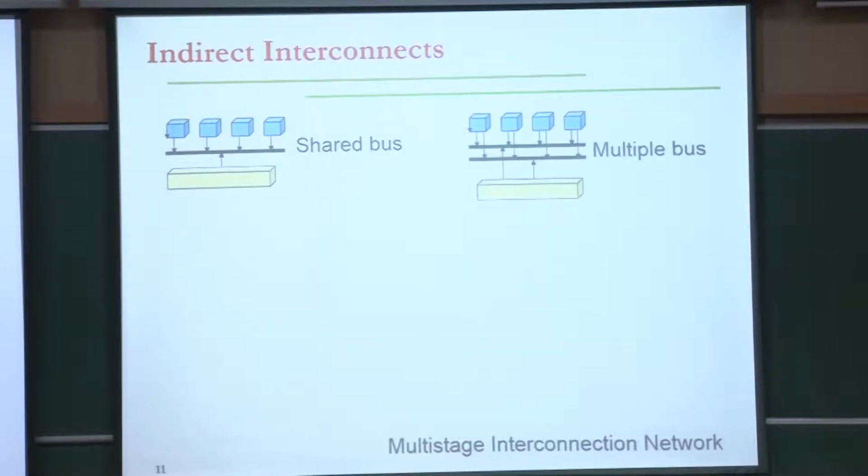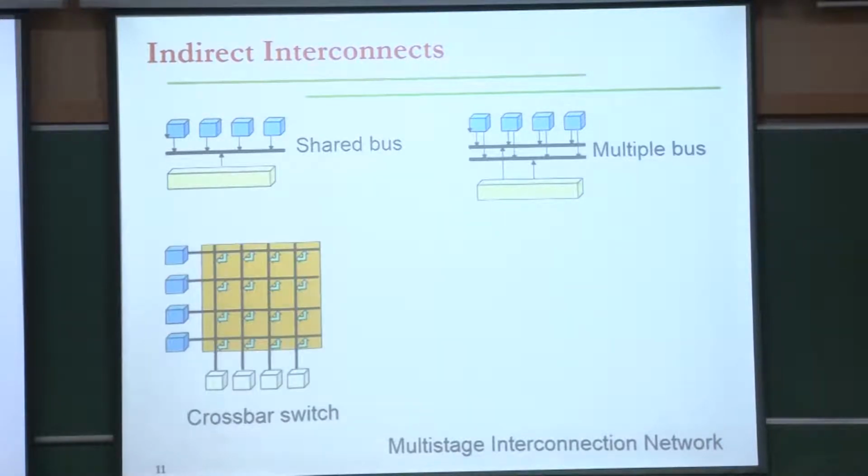I can actually have multiple such shared buses and connect them. Or I can have a crossbar switch which will connect the processing cores to a set of memory modules.